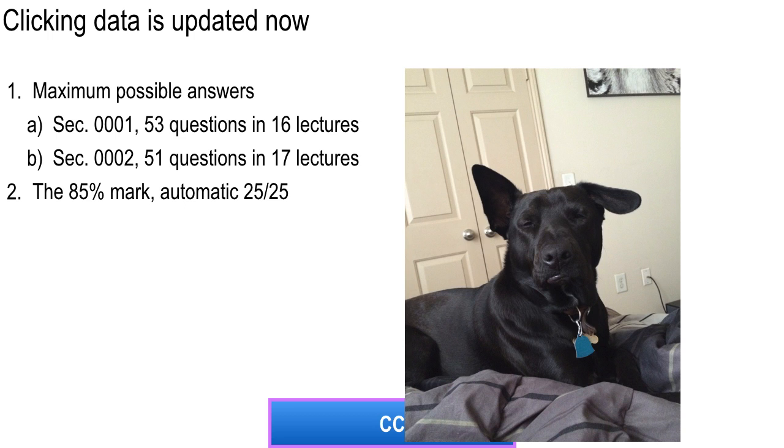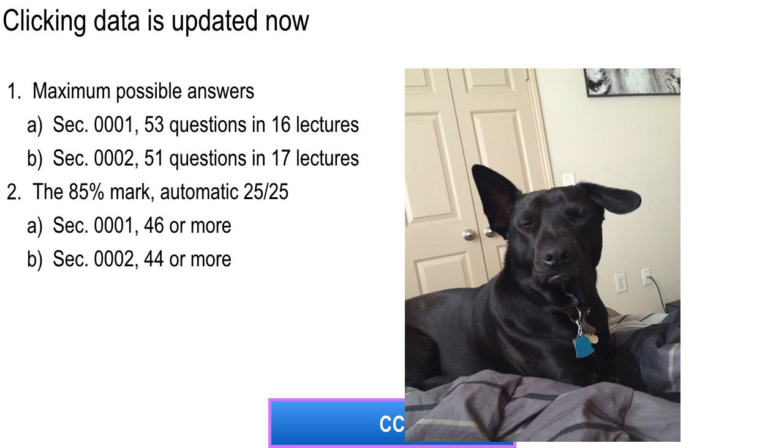And this is the mark which, if you hit 85% participation, whether right or wrong, you get 25 out of 25 on your semester grade. Right? So if I were doing semester grades today, here's what it would be for section 1. And here it is for you guys, section 2. If you have 44 questions answered, so you go to L5 answers, L6 answers, L7 answers, and all the way out to L24 answers.